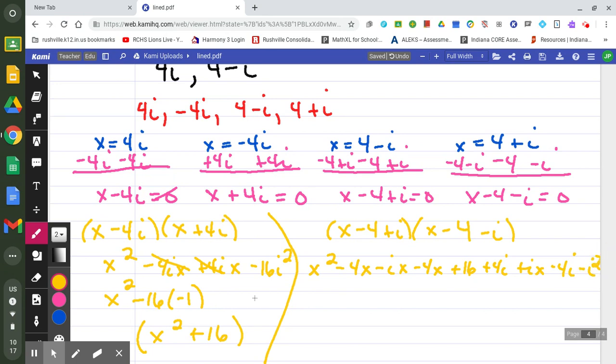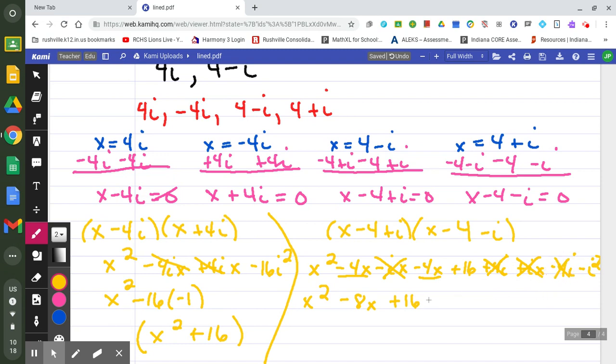So then I need to combine some like terms. Okay, I've got the -4x and the -4x, so those will be -8x. And then my -ix and +ix cancel. I've got plus 16. My plus 4i and -4i cancel.